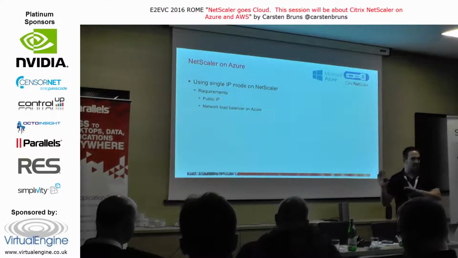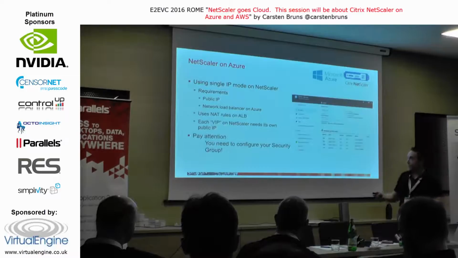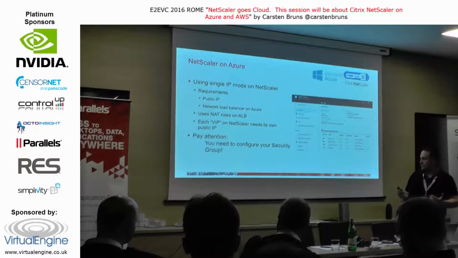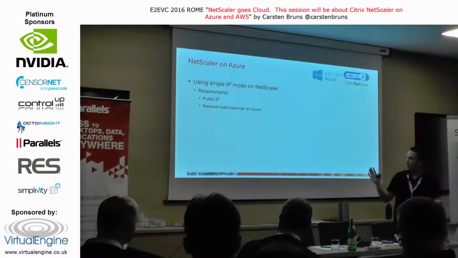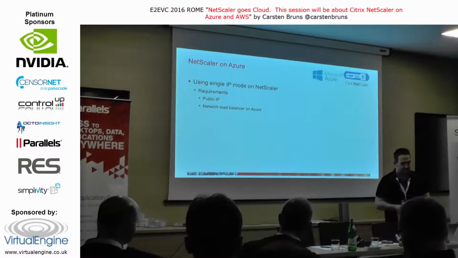So let's talk about interesting things like single IP mode. I mentioned it, you will have one IP address, and you have one public IP address which is translated to your NetScaler. This is how Azure is working.